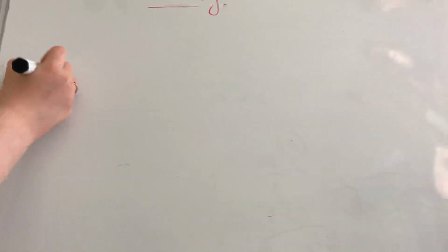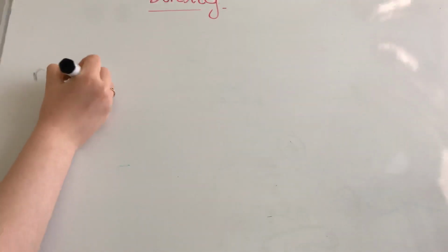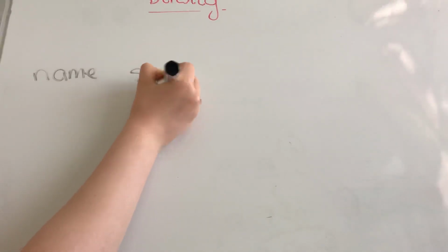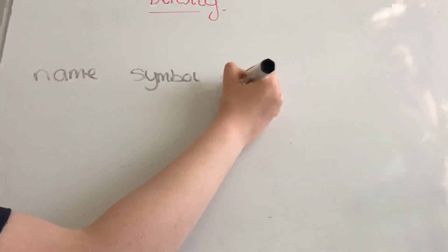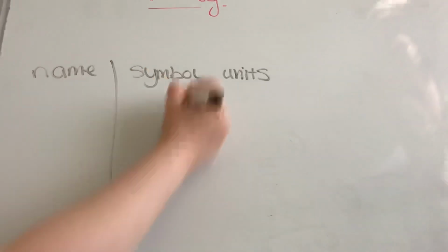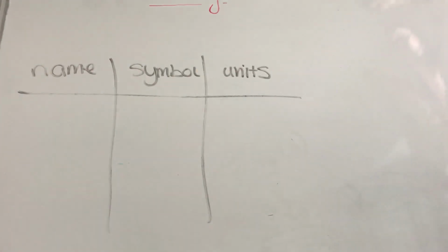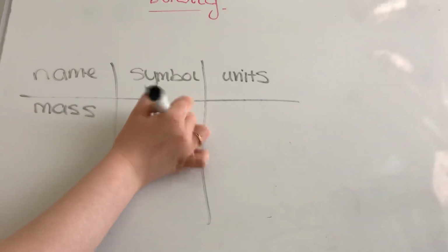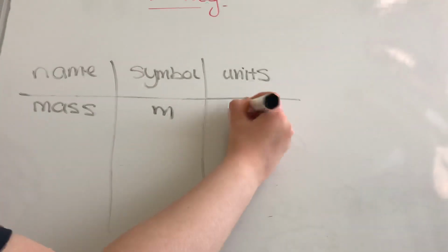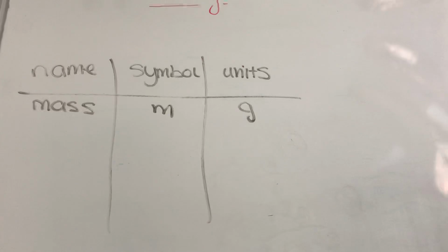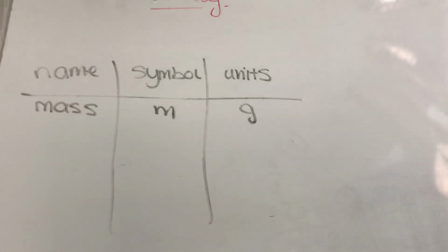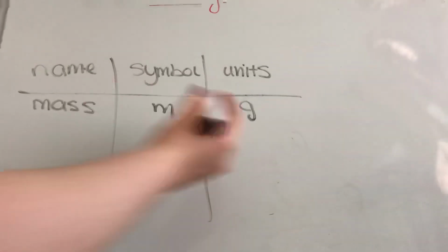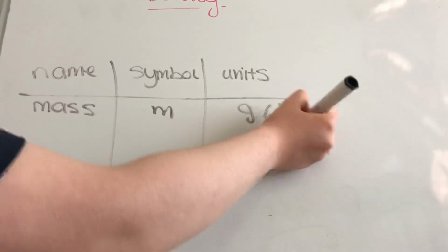What we've got is the name, the symbol, and the units. Okay, so let's start with mass. We've got mass, our symbol is M, and our units in this case are grams, but it tends to be in kilograms, so it's usually in kilograms.